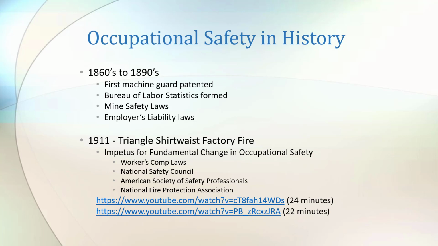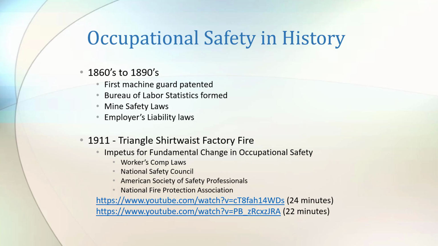You also had the Bureau of Labor Statistics formed. For those who don't know what the Bureau of Labor Statistics is, they are a great resource for information. They collect censuses, they collect injury and occupational safety data, which we'll also see a little bit later. They collect worker data by type, by occupation, race, sex.